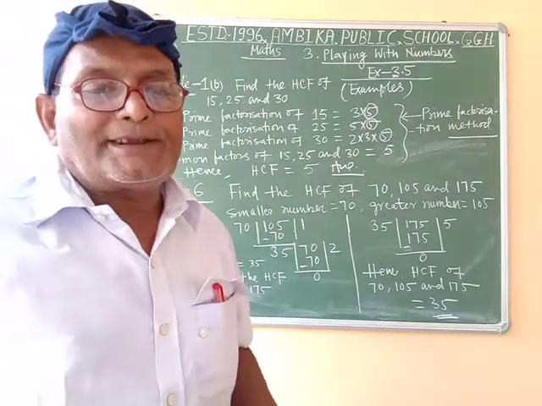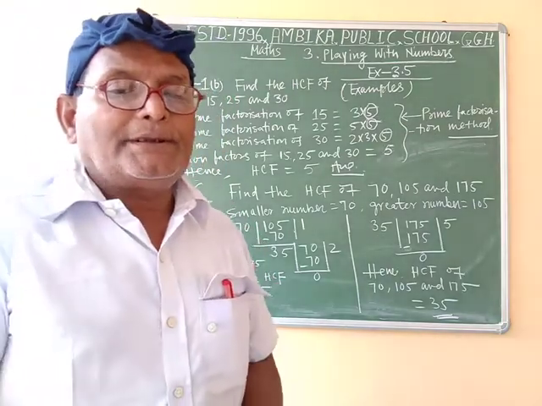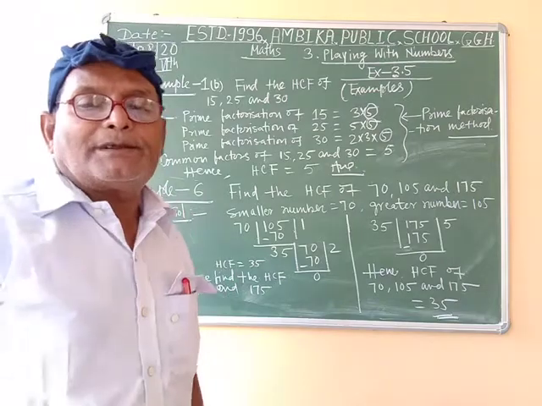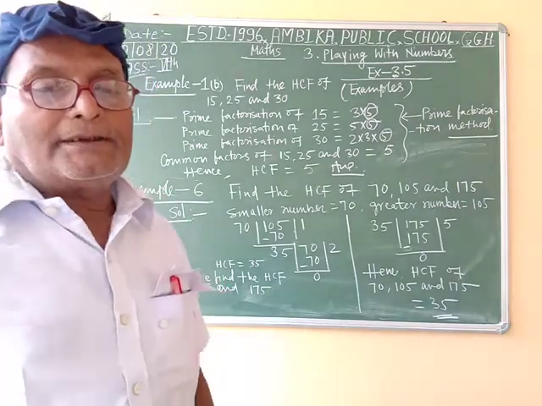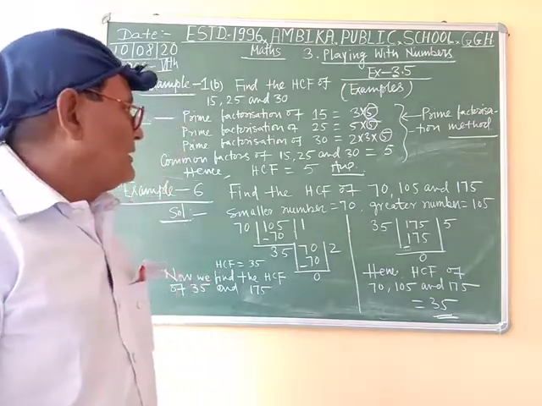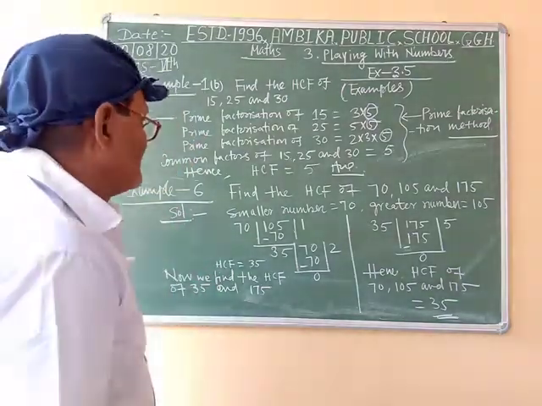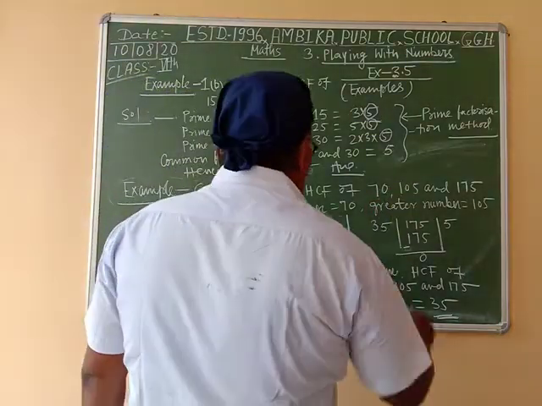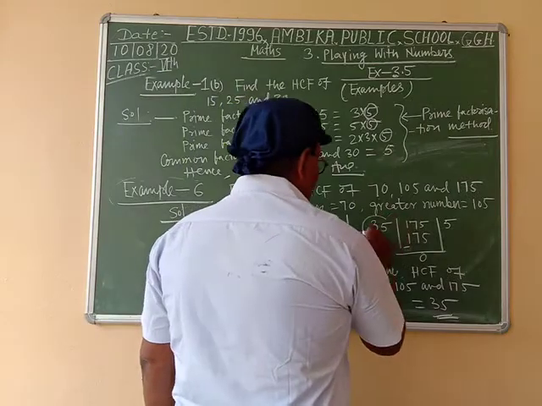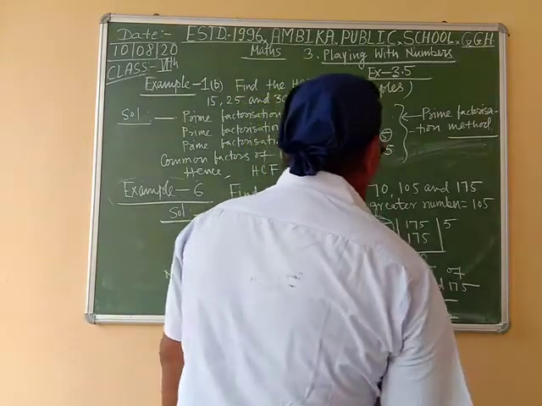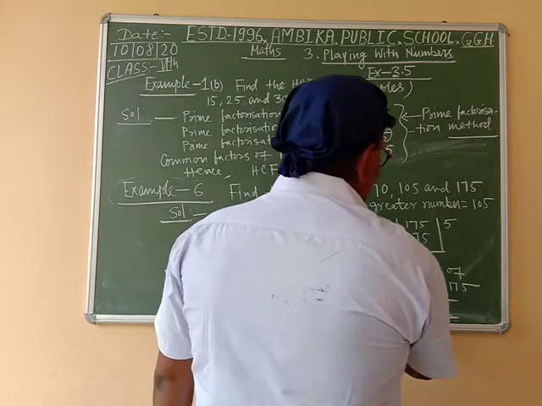So, if you are given more than two numbers, first of all, find the HCF of any two of the given numbers by continued division method, and then find the HCF of the HCF obtained and the third number. Then the last division will be the HCF of the three numbers 70, 105 and 175.